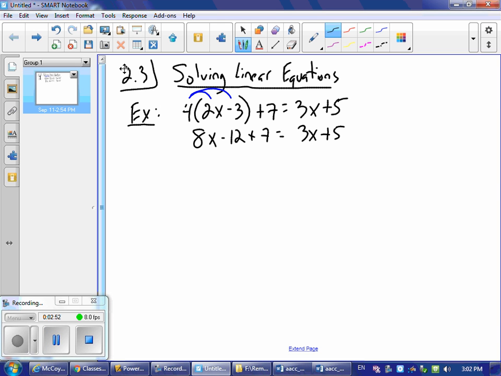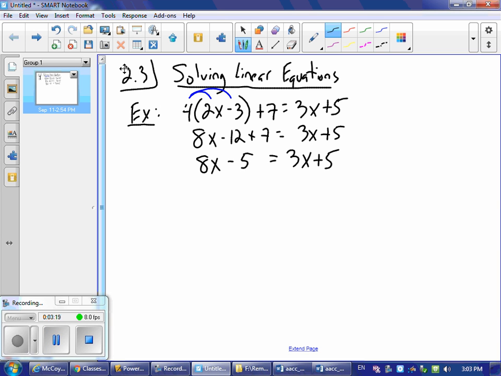So this is all still the simplification process before we even start to solve the problem itself. So 8x is by itself. There are no other x's on the left, but I do have a negative 12 and a plus 7. So negative 12 is 12 to the left, coming back 7 to the right, only puts us at minus 5. There is nothing to simplify on the right because there are no like terms.